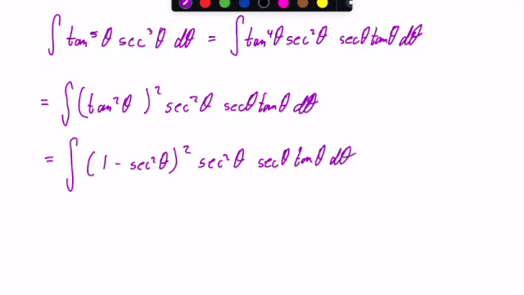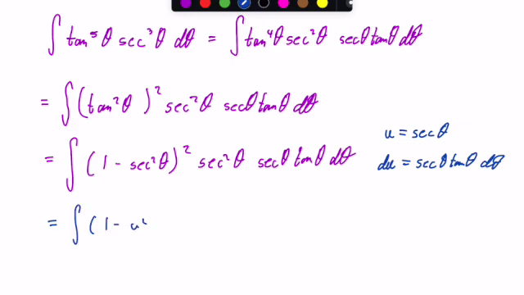So we'll have u equal secant theta. du is secant theta tan theta d theta. So let's make it happen. We get u squared minus 1, squared, u squared, du.